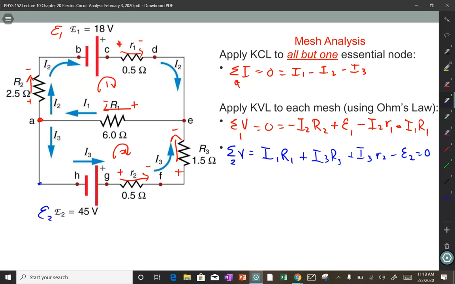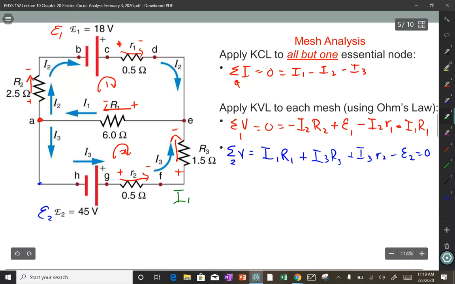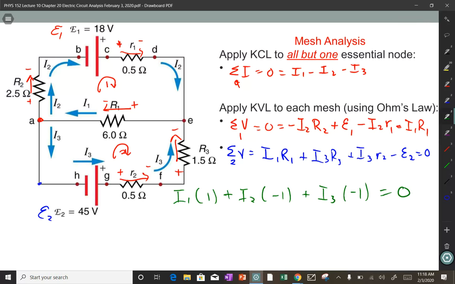So I'm going to rewrite these here, not with a line, that's the line tool. Here we go. So the first one I'll write as I1 times 1 plus I2 times a minus 1 plus I3 times a minus 1 equals 0. So I wrote that so my I1 is in the first position, and then I have parentheses whatever it's multiplied by, and so on.